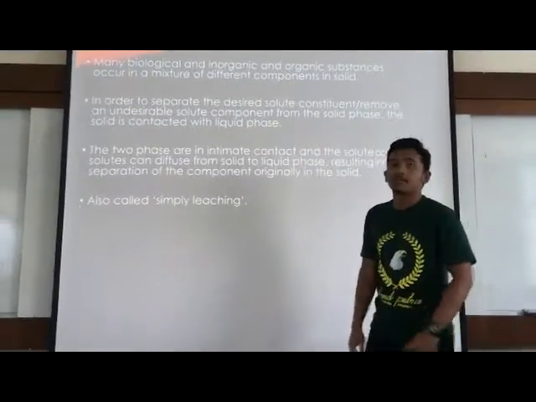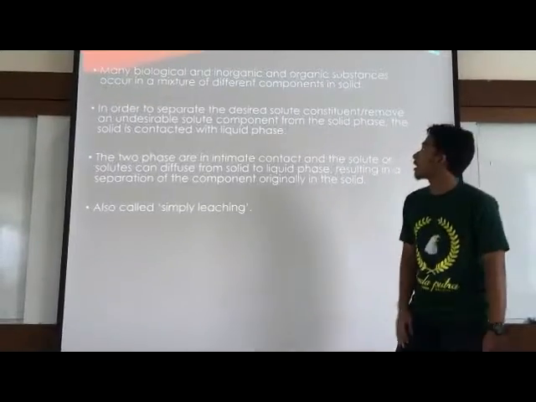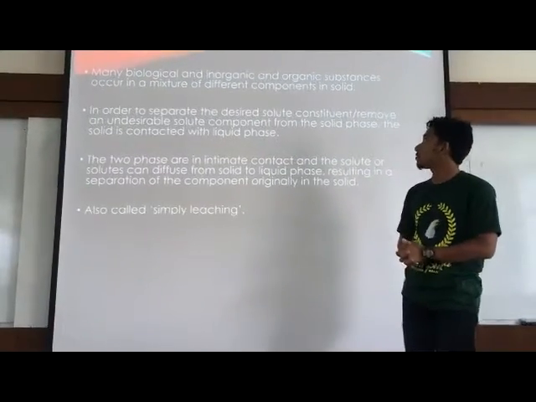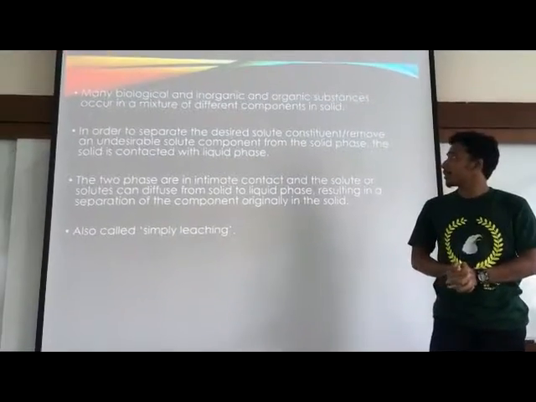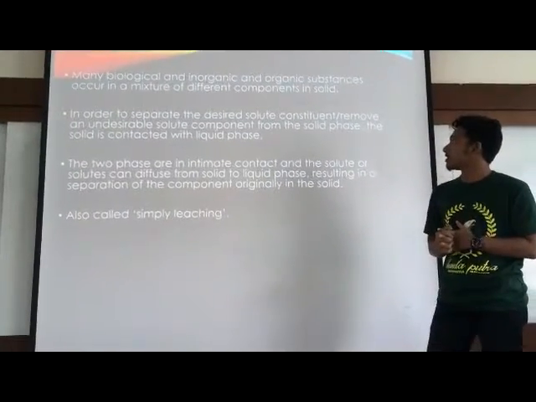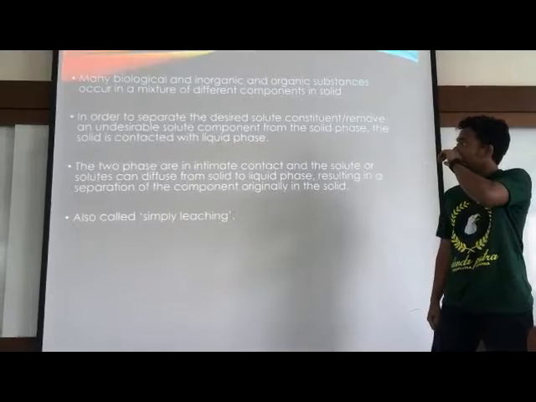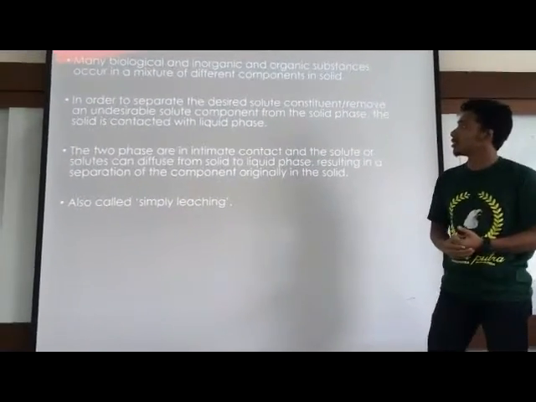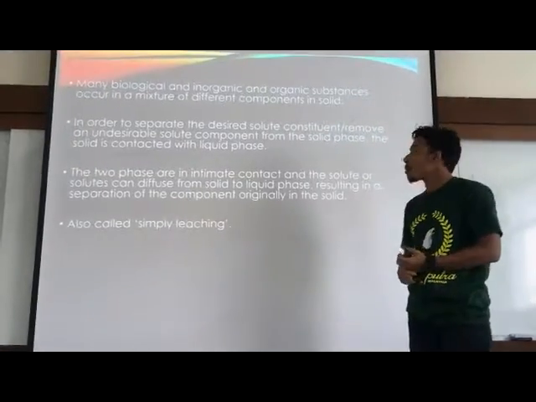Okay, many biological and organic substances occur in a mixture of different components in solid. In order to separate the desired solid constituent, remove an undesirable solid component from the solid phase. The solid is in contact with the liquid phase.